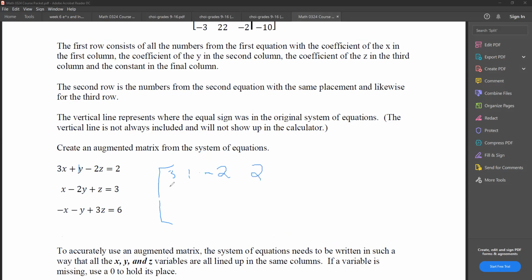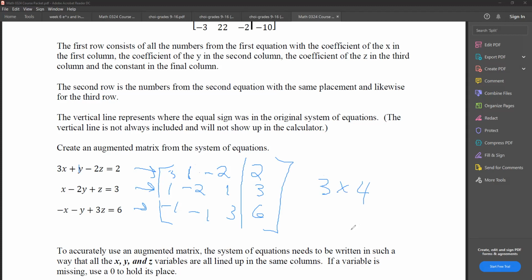Then I do 1, -2, 1, 3, -1, -1, 3, 6. So this would be the augmented matrix. You can put this bar here if you want. The dimensions of this matrix are 3 rows and 4 columns, and you could enter that in your calculator at this point.